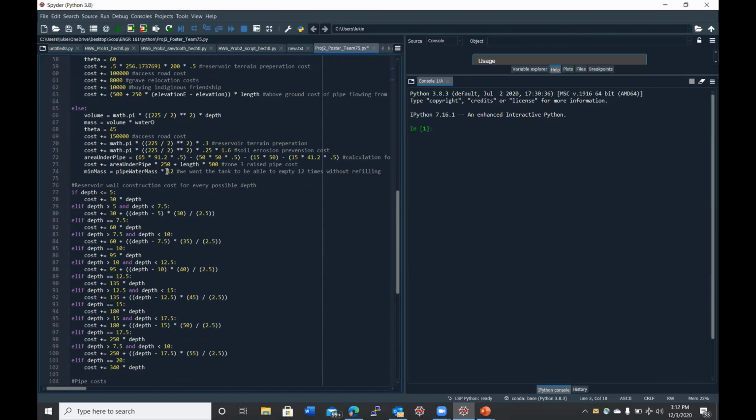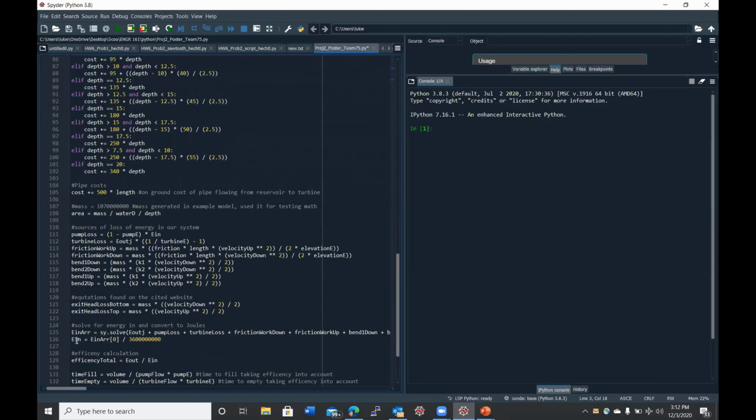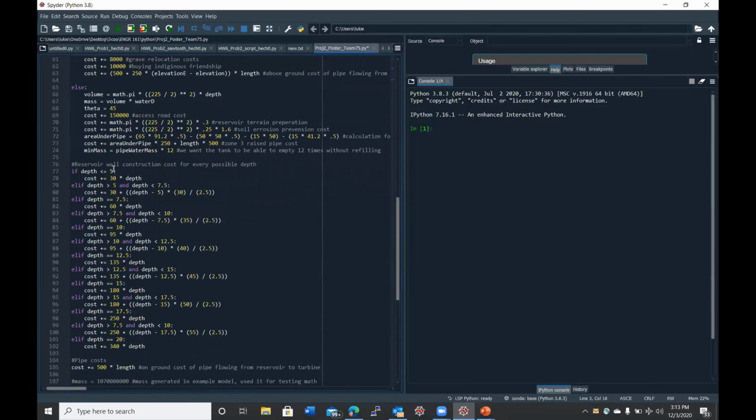So that's why we have the times 12, because we determined that our time to empty times 12 would have been around 5 days. And this was the mass that was going through the pipe every single time the system is emptying.